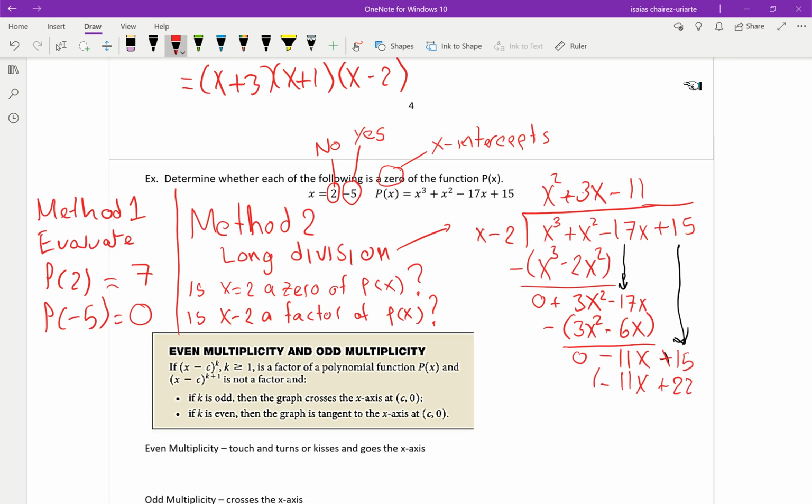Then we have to subtract the top row minus the bottom row. So negative 11x minus negative 11x, that's like saying negative 11 plus 11. So this becomes 0. And then 15 minus 22, that's negative 7.